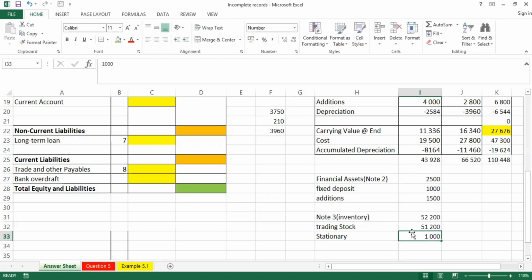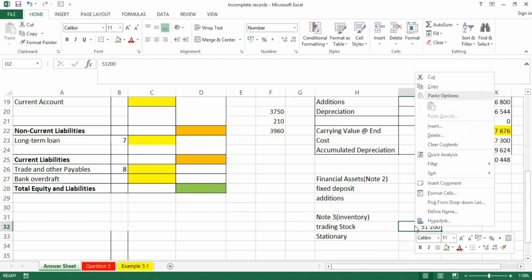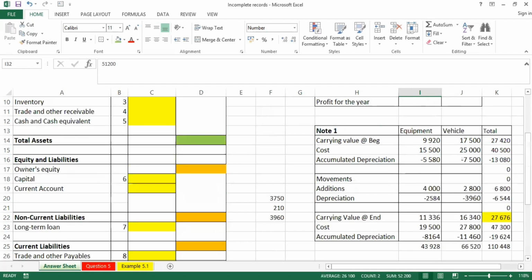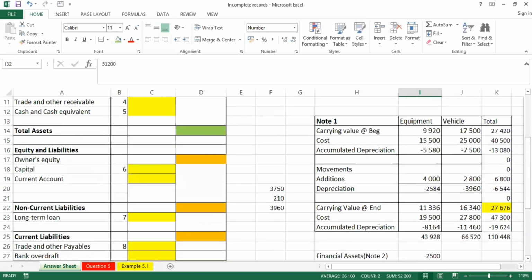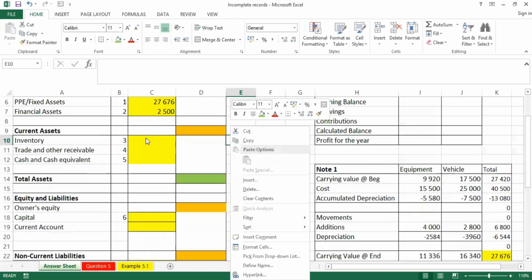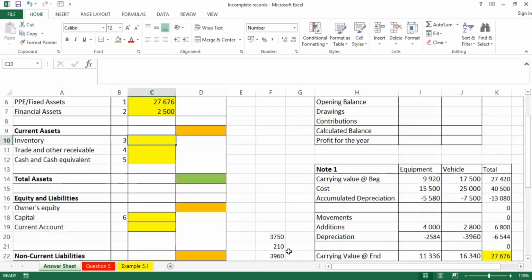So when we add these two amounts, they're supposed to give us our 52,200. So that 52,200, that's what we write on our inventory, on our balance sheet. Okay, so it's 52,200.